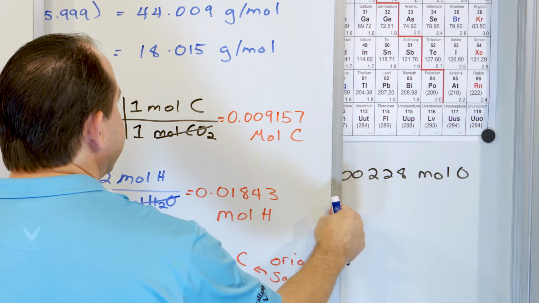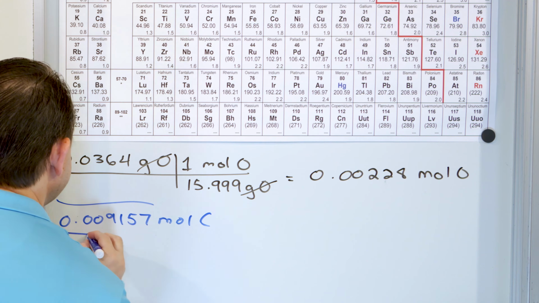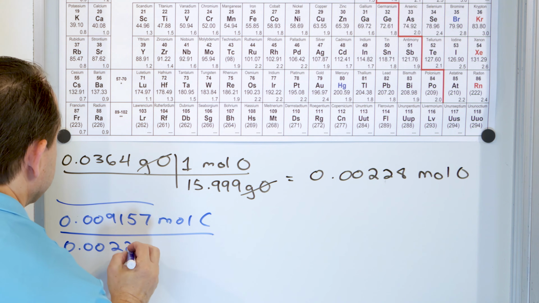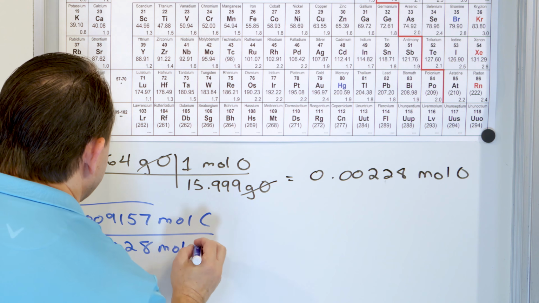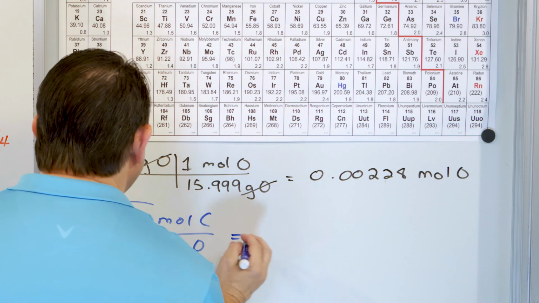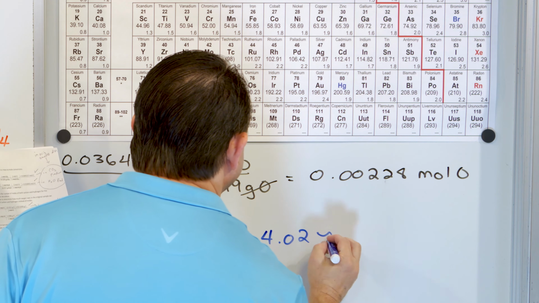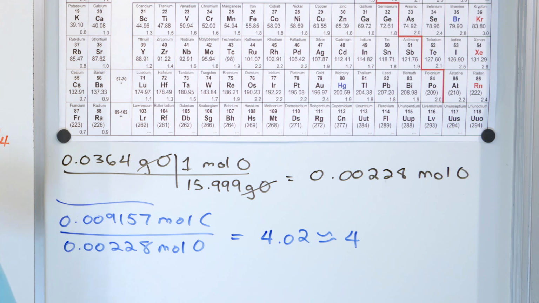That's the number right here. And we're going to divide that by the smallest number, 0.00228 moles of oxygen. All right, so we take these two numbers and divide them. We get 4.02, which is close enough to 4. And this is going to be the subscript for the carbon.